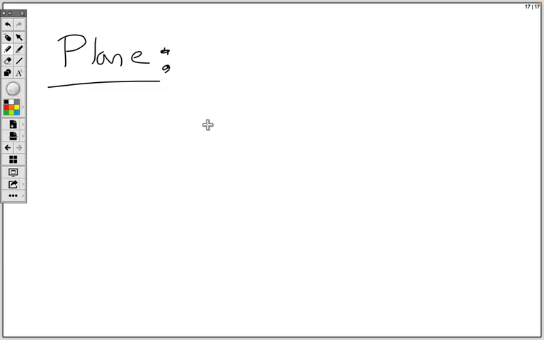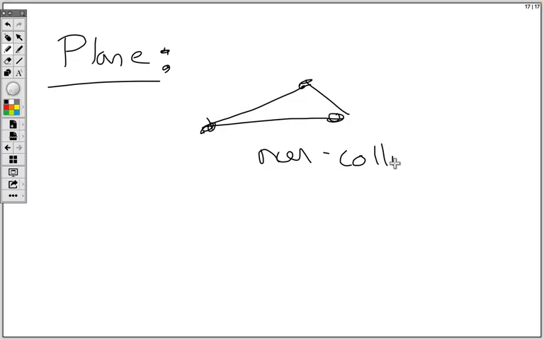Yeah, 3 points. Okay, that'll determine a plane as long as those 3 points are non-collinear. In other words, you need to have 3 points that don't end up being on a line.